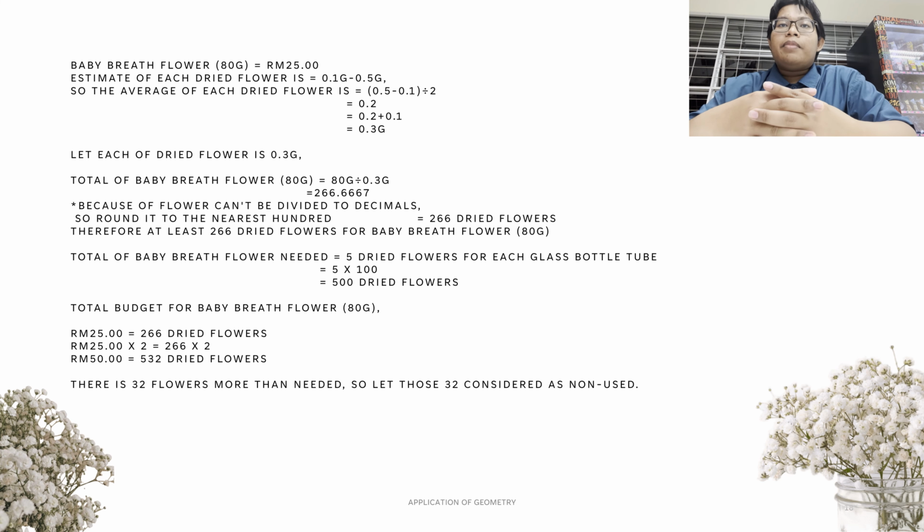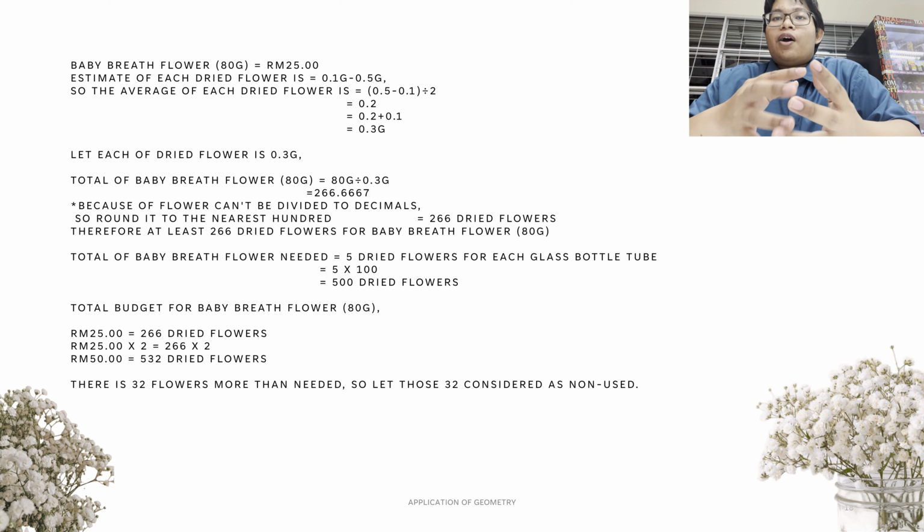Cost for 80 gram baby brave flour is RM25. Estimate of each dried flour is 0.1 gram until 0.5 gram. So the average of each dried flour is 0.5 plus 0.1, then divide by 2, which is 0.3 gram. Let each dried flour be 0.3 gram.